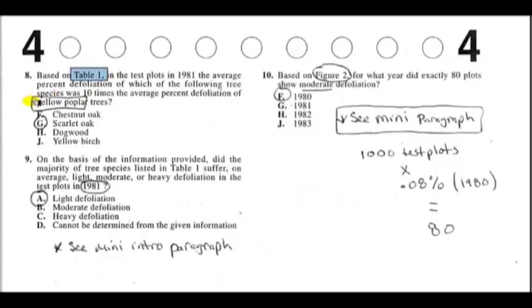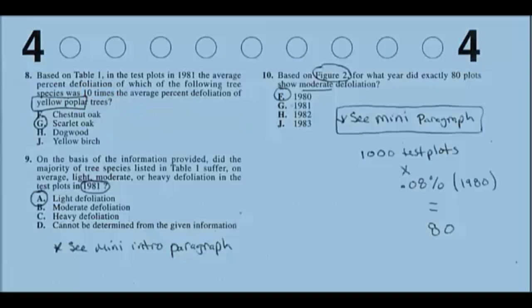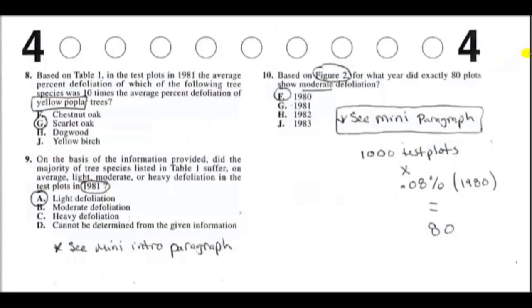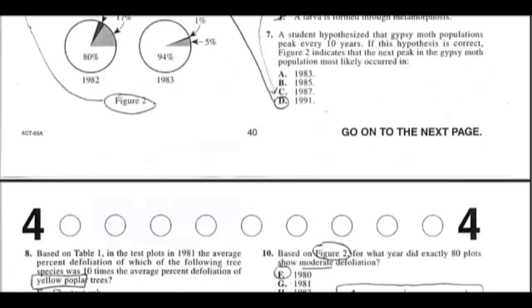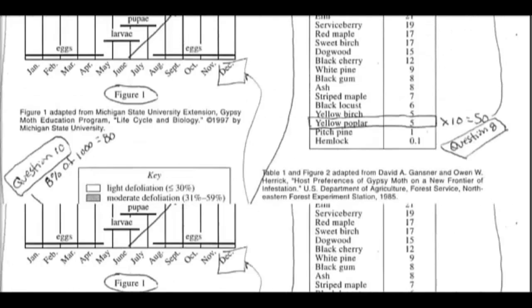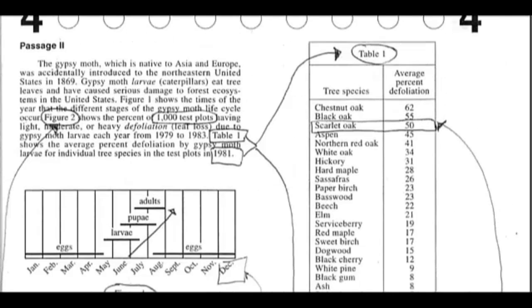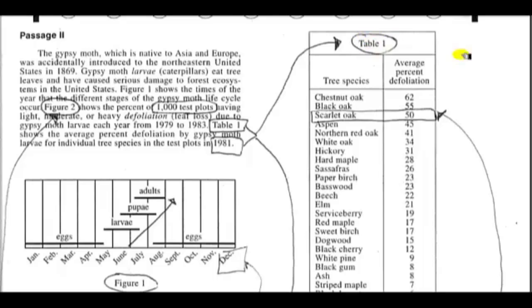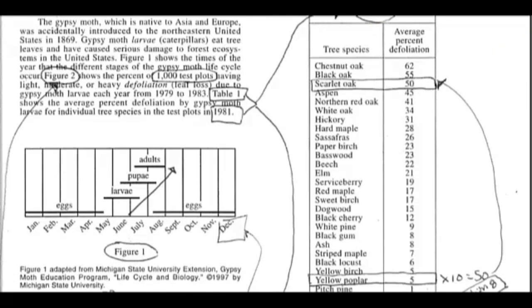Number 2, find yellow poplars. Number 3, find which one is 10 times greater than yellow poplars. Let's go up there and see what we have. Go to Table 1. Here is Table 1, right here. Step number 2, find yellow poplars.